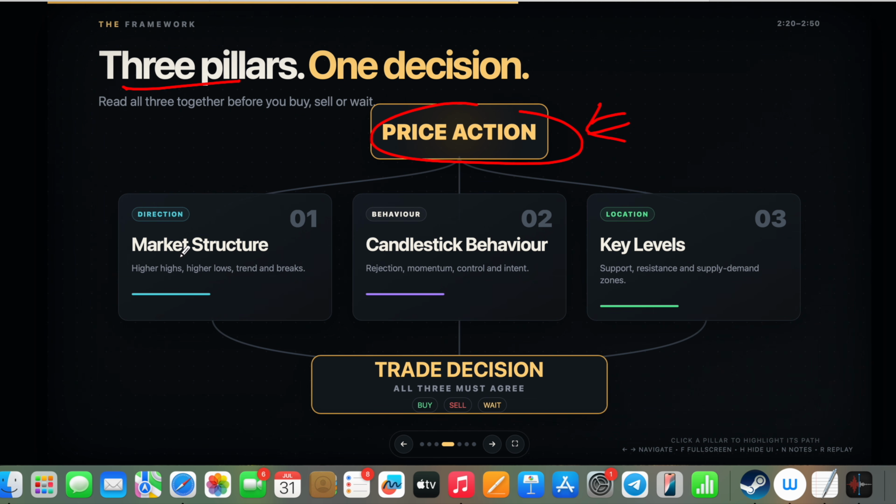As you can see on the slide here, everything starts with price action at the top, which splits into three pillars: market structure, candlestick behavior, and key levels. And all three come together at the bottom into one thing: your trade decision: buy, sell, or wait. Let's go through each pillar one at a time on a live gold chart.